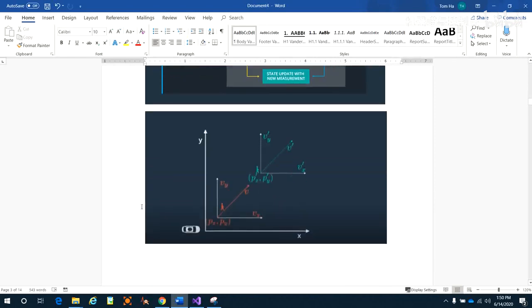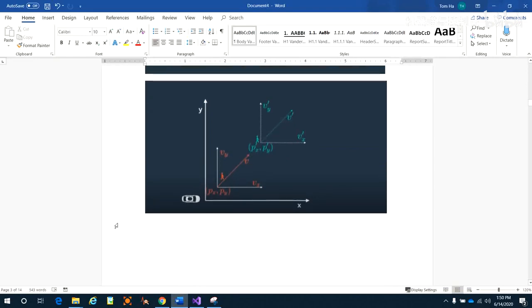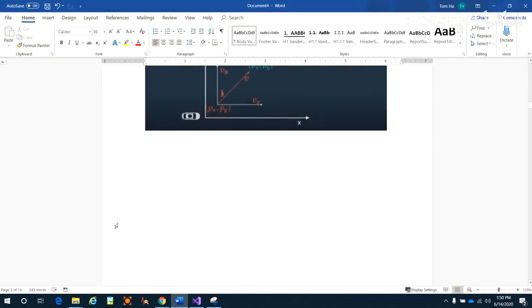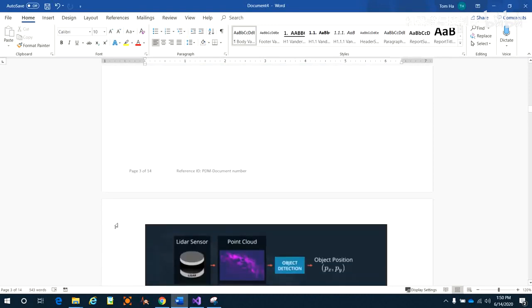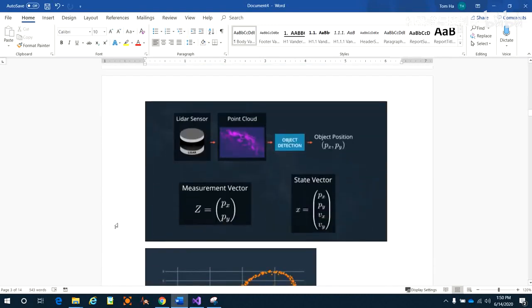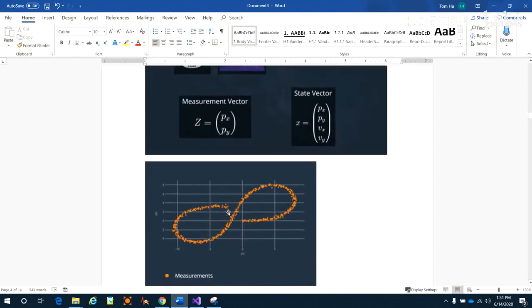They track pedestrians, people, with high dimension and non-linear motion. And right here they also use the lidar sensor. They get the object detection, they get the position, and then apply the Kalman filter to get the correct tracking of the object.